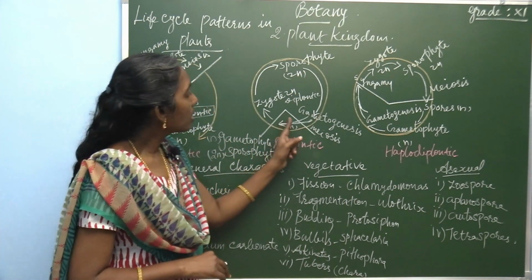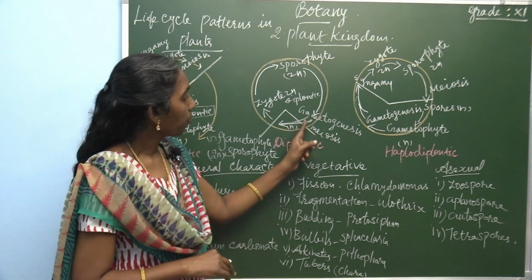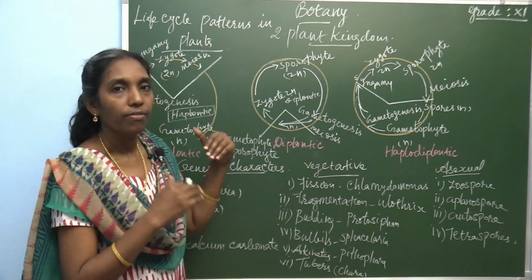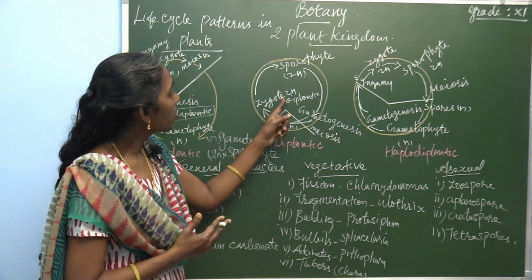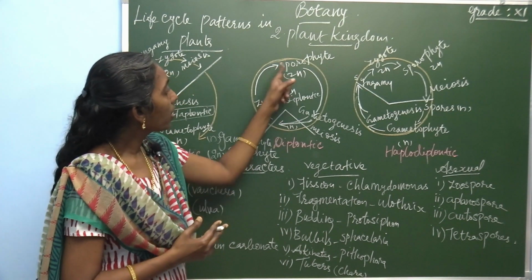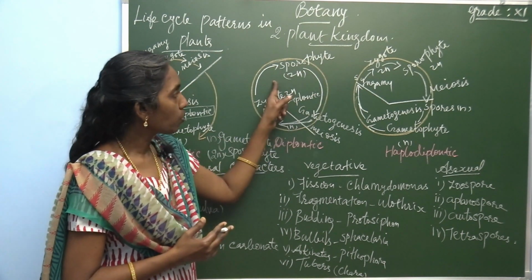For example, the haploid gametes fuse together and form a zygote. The zygote is diploid. This diploid zygote develops into a sporophyte.